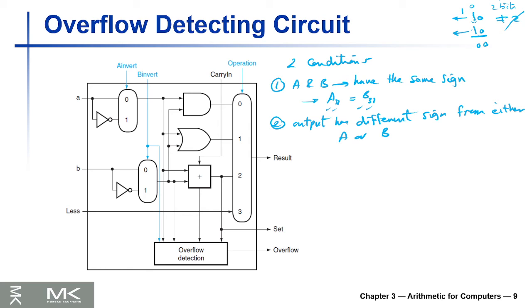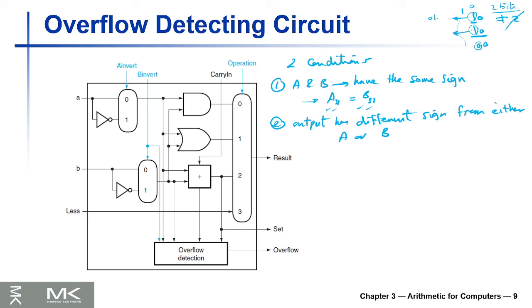So that's an overflow. How could we detect this? Basically, the two inputs have the same sign because both have 1 at the most significant bit, and the output has different sign. One may say we should put the 1 here. No, because this is 2 bits, so I'm assuming the register is 2 bits. Okay. Now, if we wanna convert this number to its original shape, we should convert it to 2's complement.